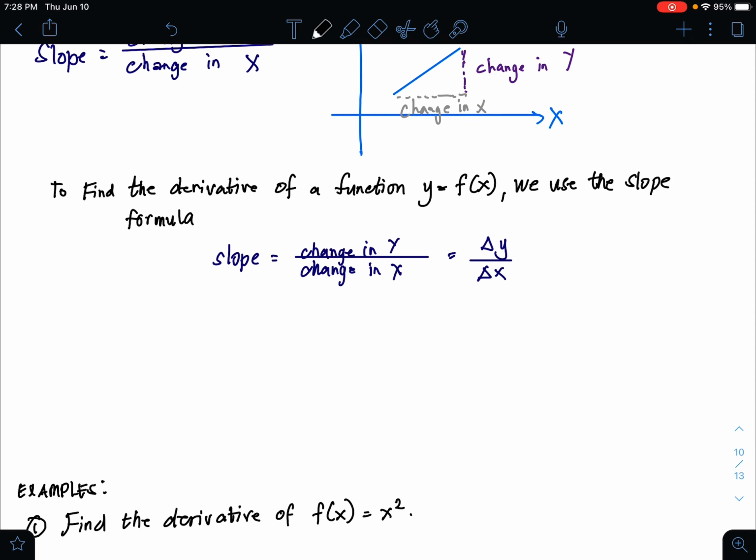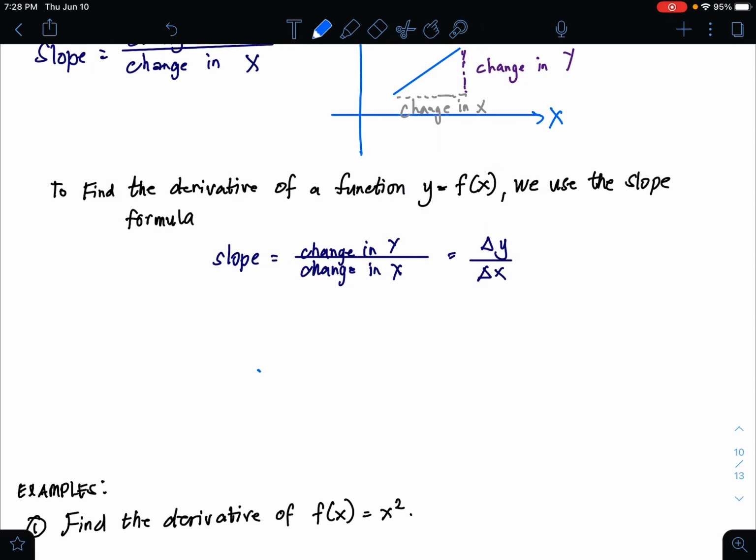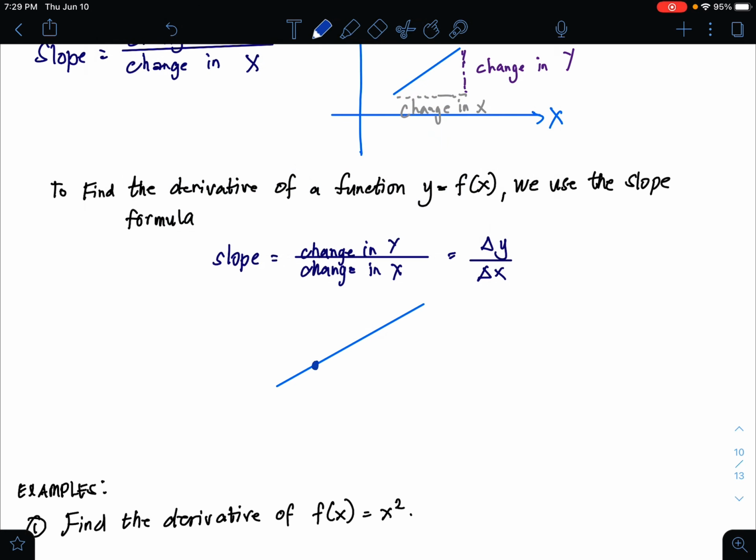So let's go back to the graph. Let's say for example this is your slope, and these are your 2 points. This is x, and then it changes from this point to this point. So therefore, this is the change in x.